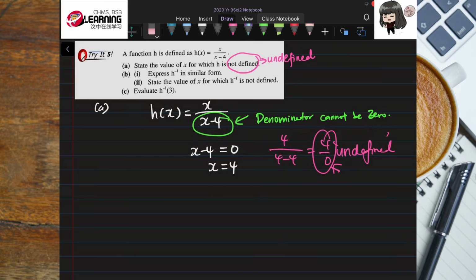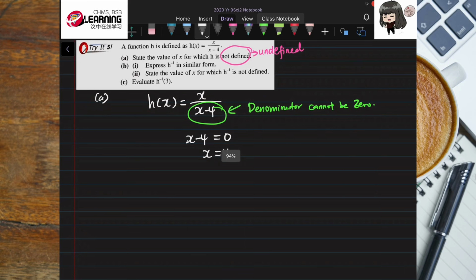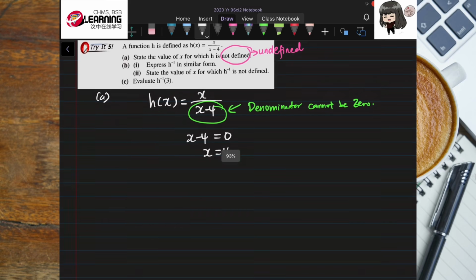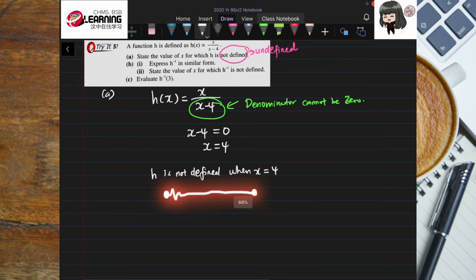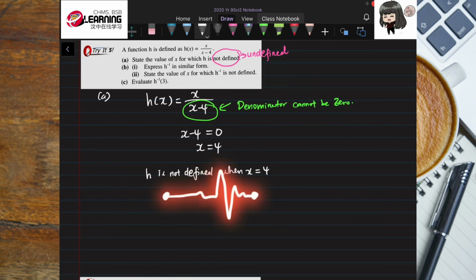So x equals 4. We can write like this: h is not defined when x equals 4.